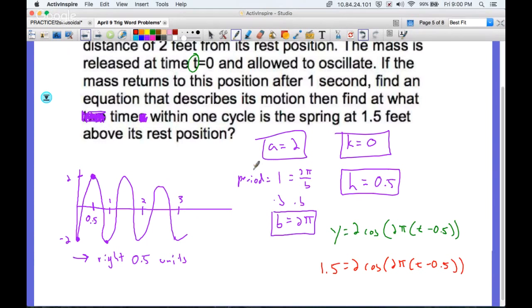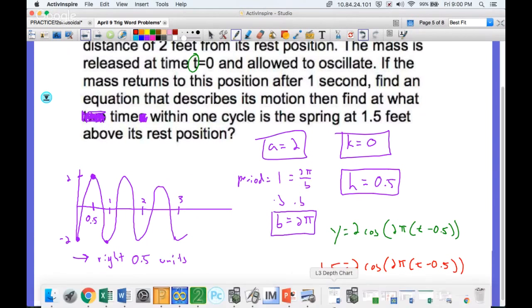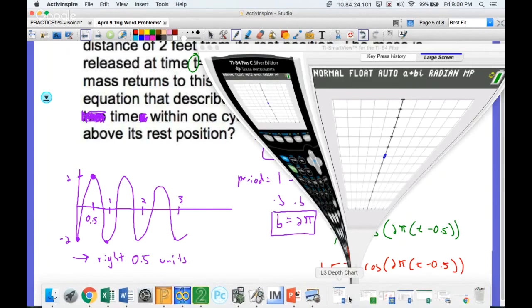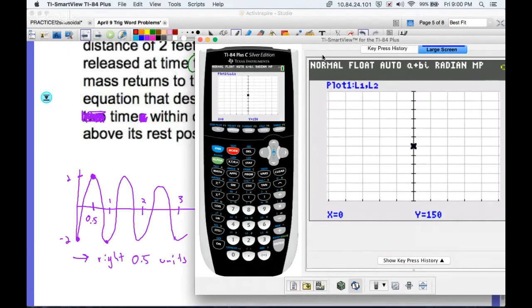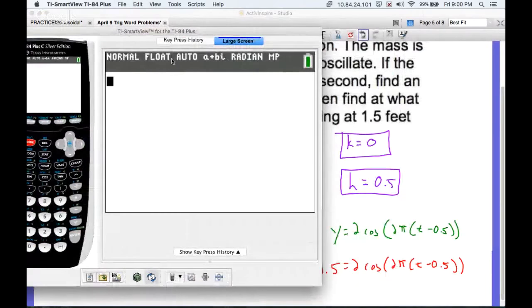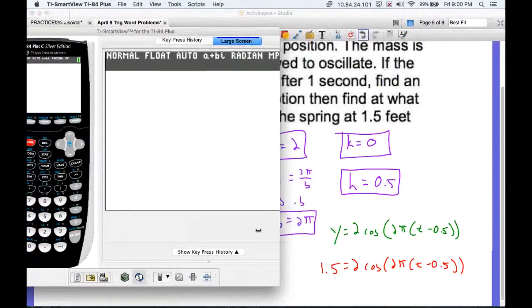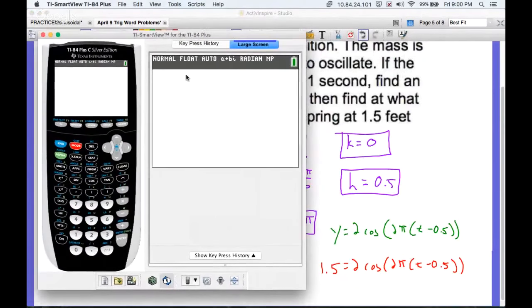Let me bring up my on-screen calculator to solve this one. So I need to get t by itself. What I'm going to do is divide 2 from both sides. So I've got 1.5 divided by 2. So that gets rid of the 2.